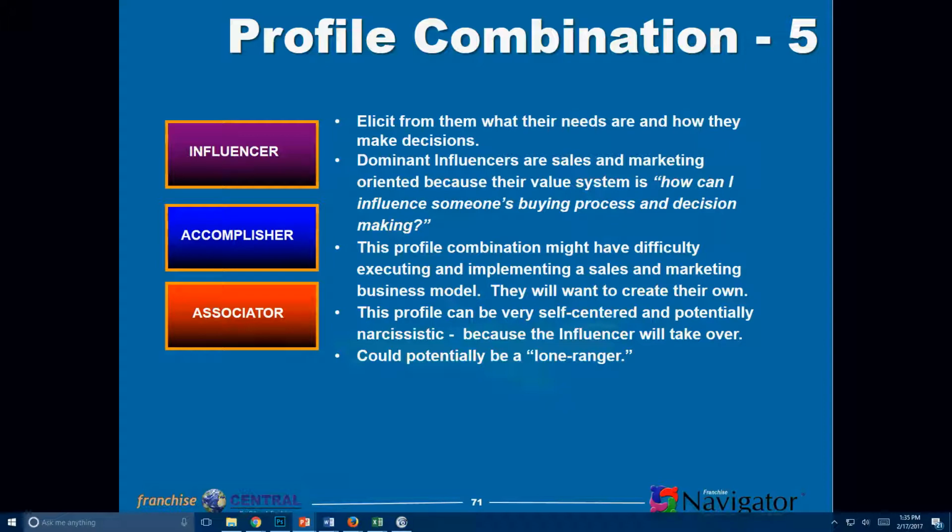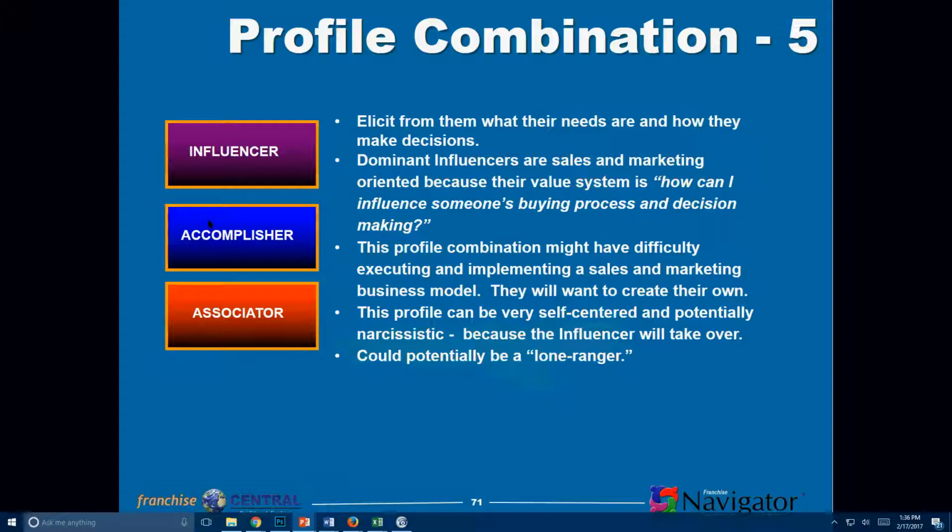And we know that it's sales and marketing oriented because their businesses and their value system is how can I influence somebody's buying process and decision making. They love to sell. And by the way, if somebody's real high in the influencer, they're not relationship building people. They are out and out salespeople. They could sell ice to the Eskimos.